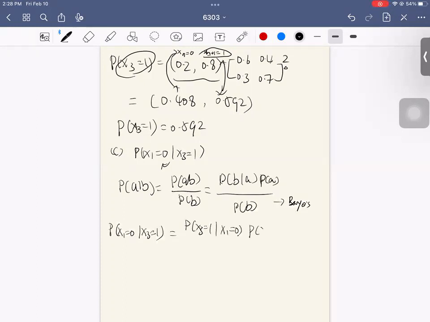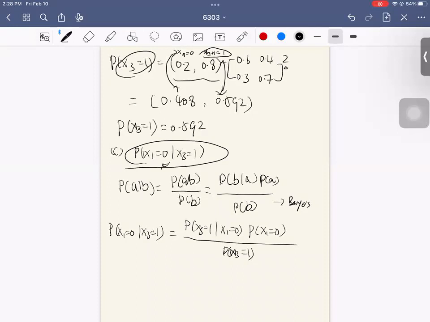And just plug it into this equation. So we get this. In this question, we need to find this. This is our target.